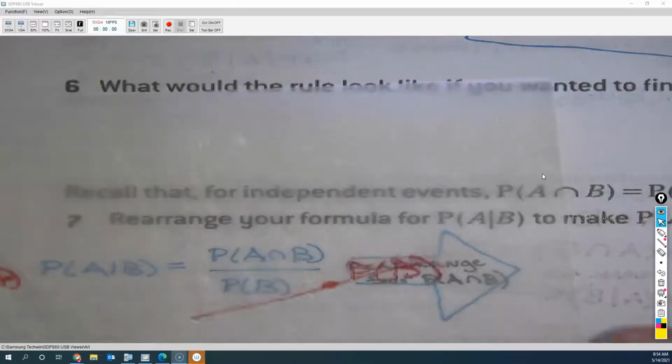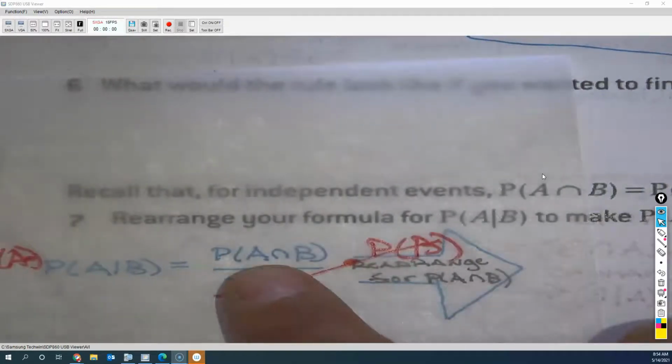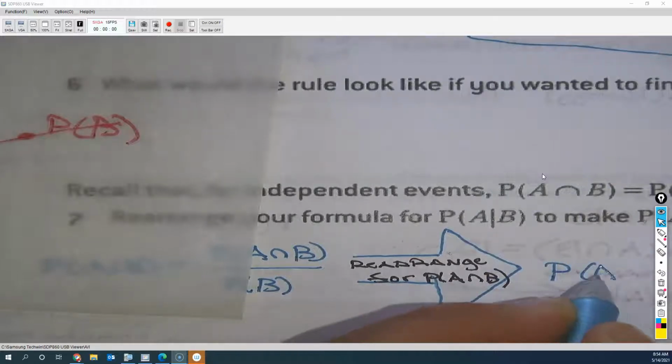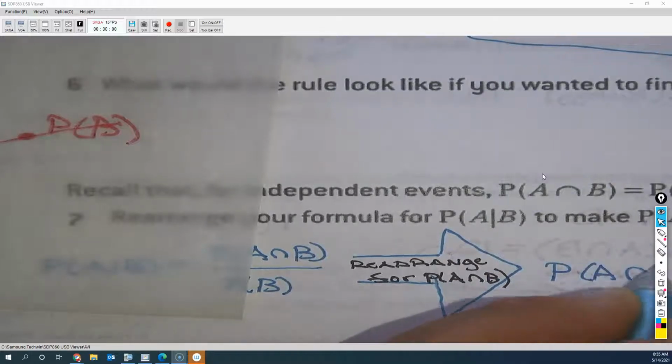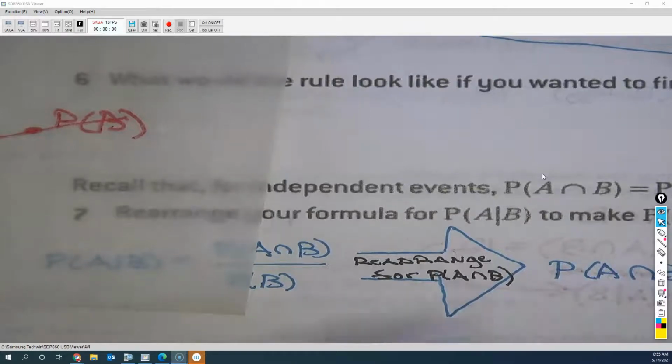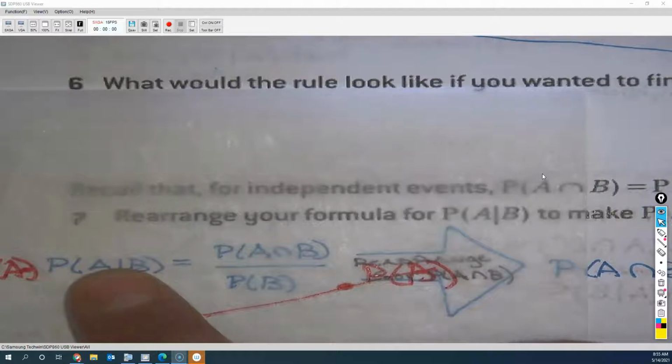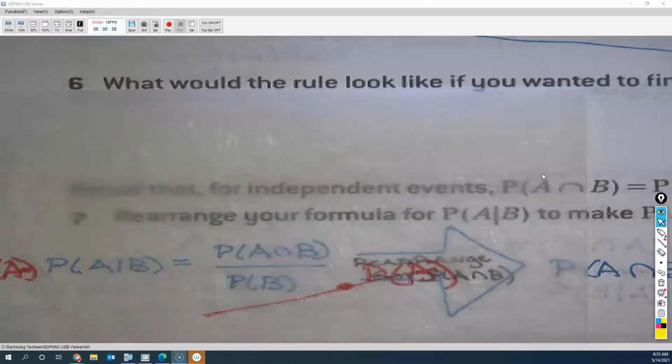So a rule for the intersection, the probability of A intersect B, is P of B times the conditional probability.